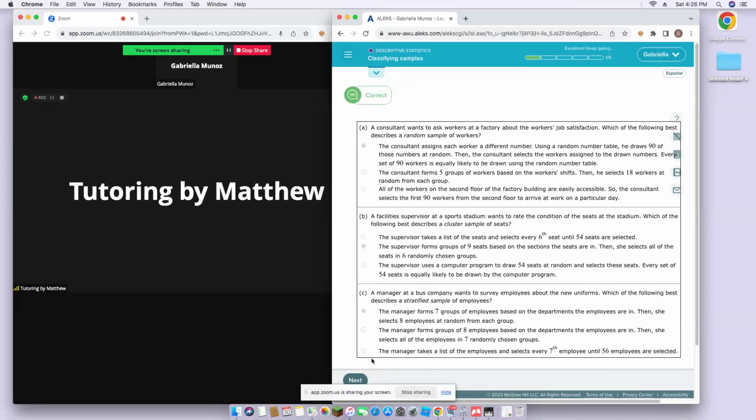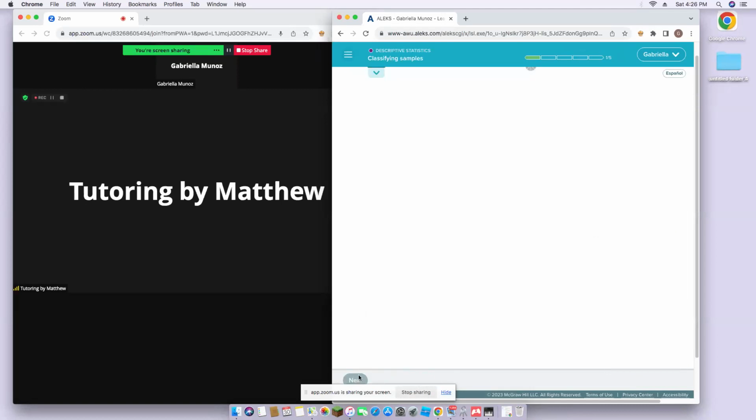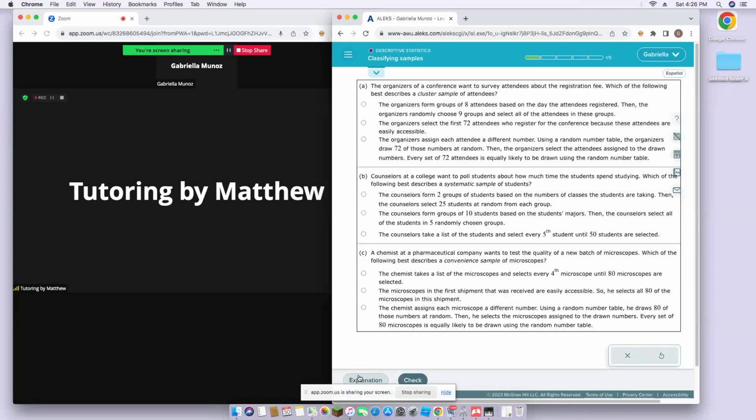All right, let's look at probably these. Let's see if there's any overlap here. Cluster sampling is when you divide into groups, but then you sample all of them in that one group. Cluster sample: group of 8 attendees based on the day.